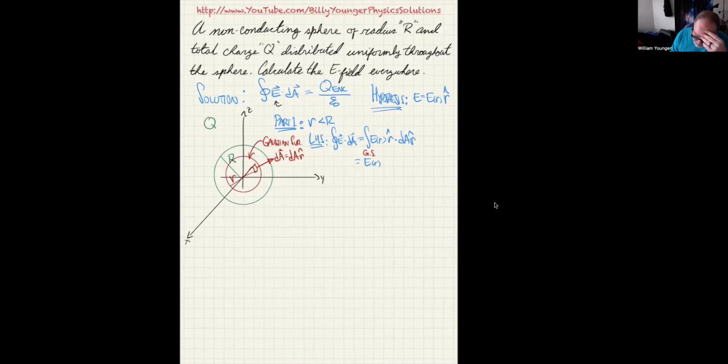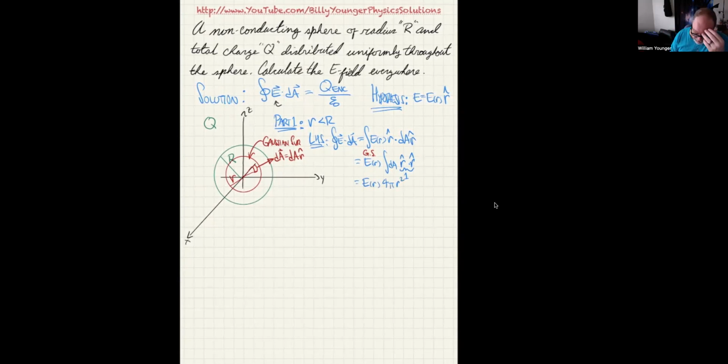Because you're integrating over the Gaussian surface, it's a fixed radius r, so you end up getting the integral of dA, which is just the surface area of the spherical surface, and then r hat dot r hat, which we've already decided was 1. So in this case, you get E of r times 4 pi r squared. That's it. That's the left-hand side.